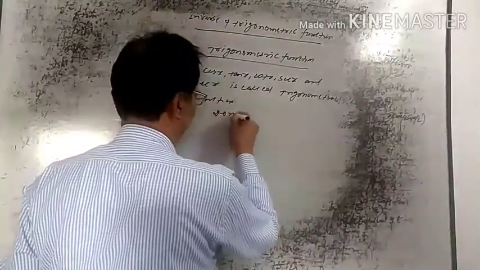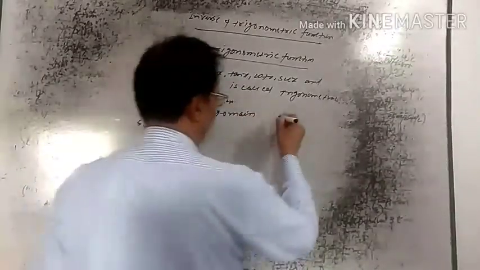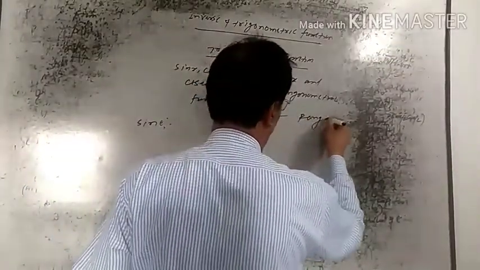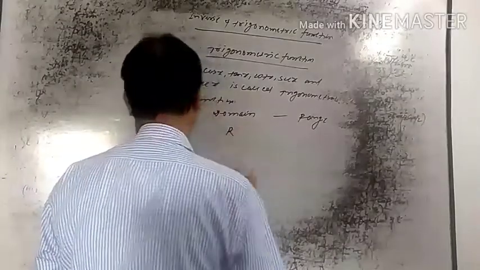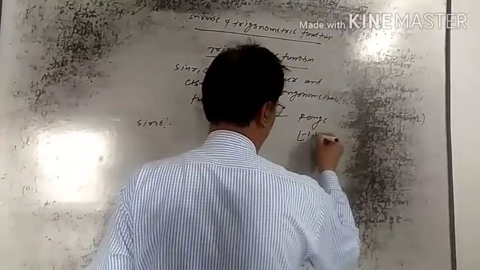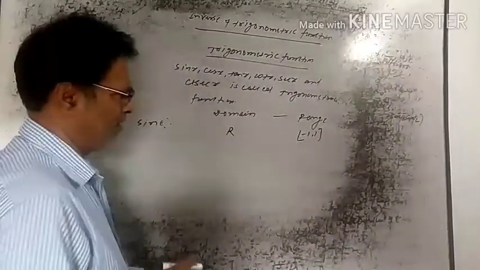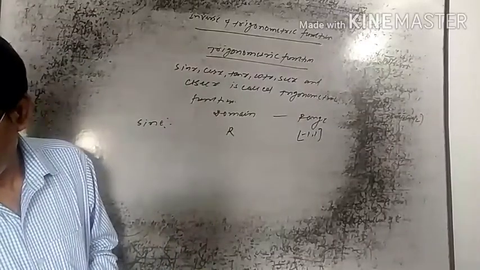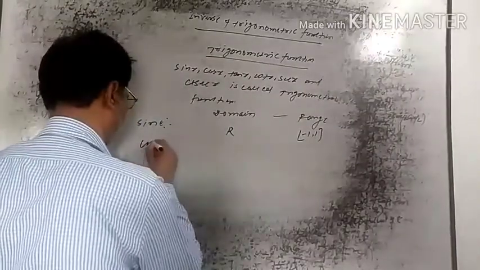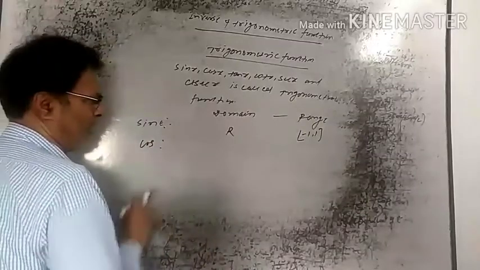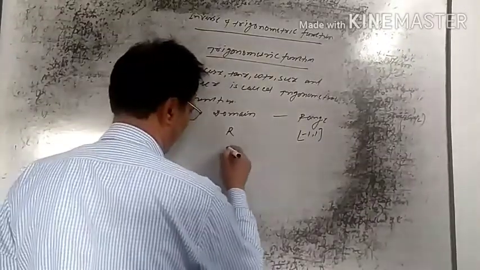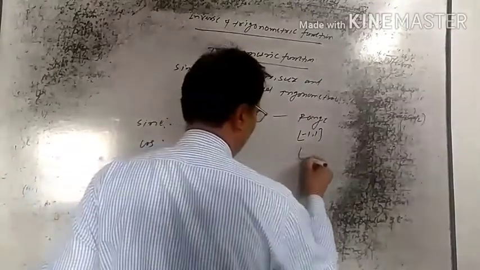The domain of sine function is the set of real numbers and its range is the closed interval minus 1, 1. The second is cos. The domain of cosine function is the set of real numbers and its range is the closed interval minus 1, 1.